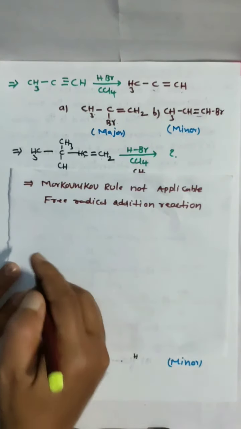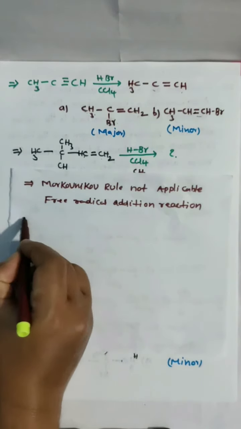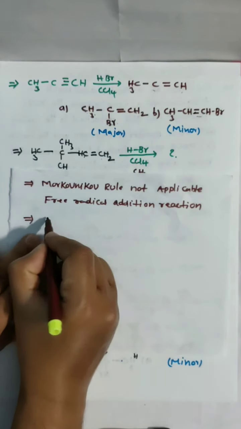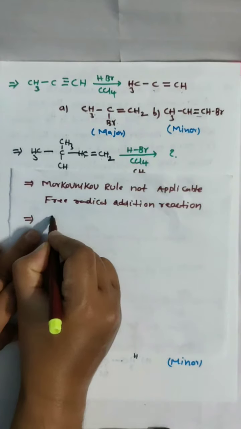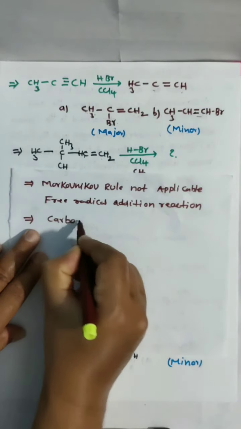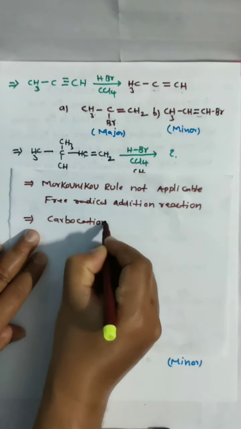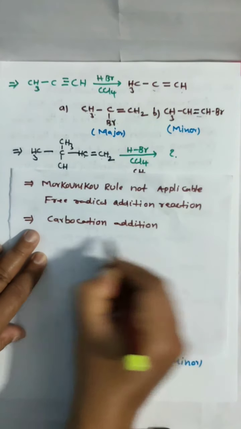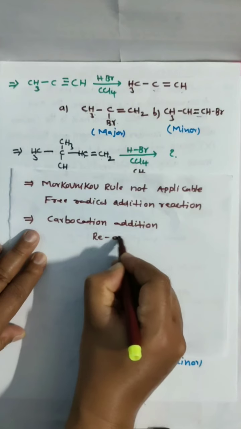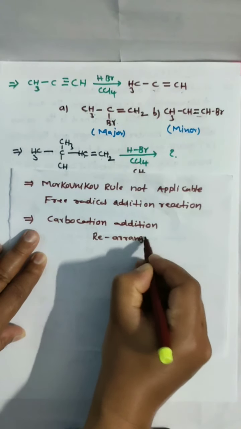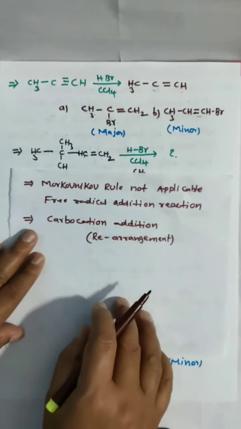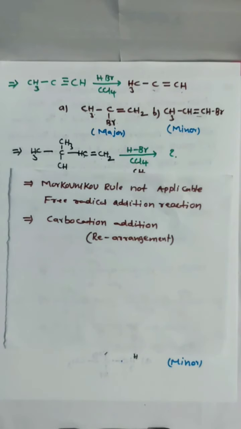Clear? The Markovnikov rule is only for carbocation addition, where rearrangement is also possible. Rearrangement, that is hydride shift and methyl shift. So you have to remember that.